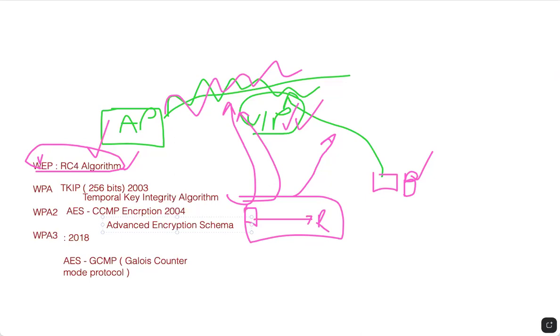Datta, what is a CAPWAP tunnel? Sir, can you please repeat the question? What is a CAPWAP tunnel?